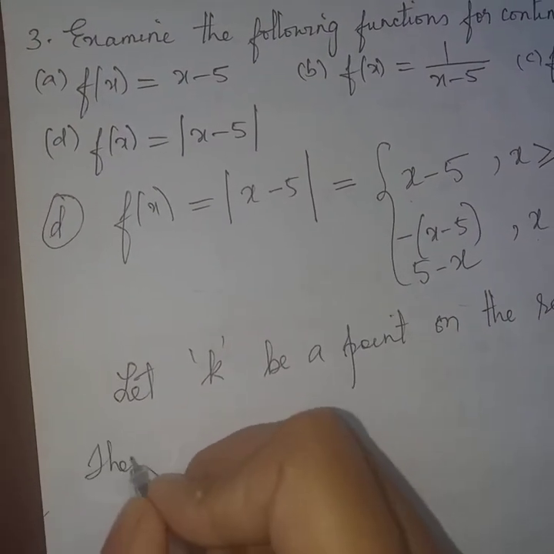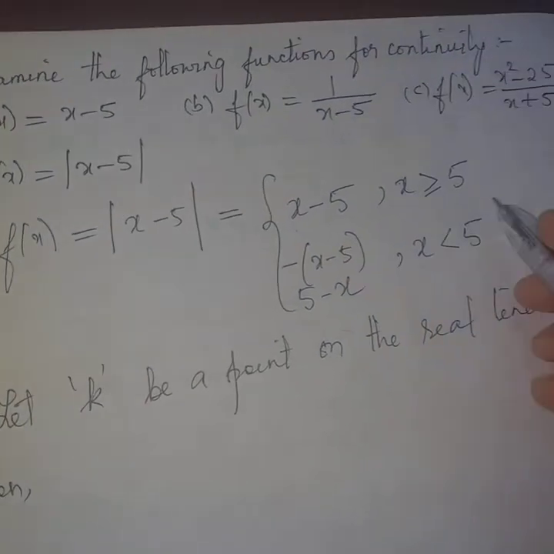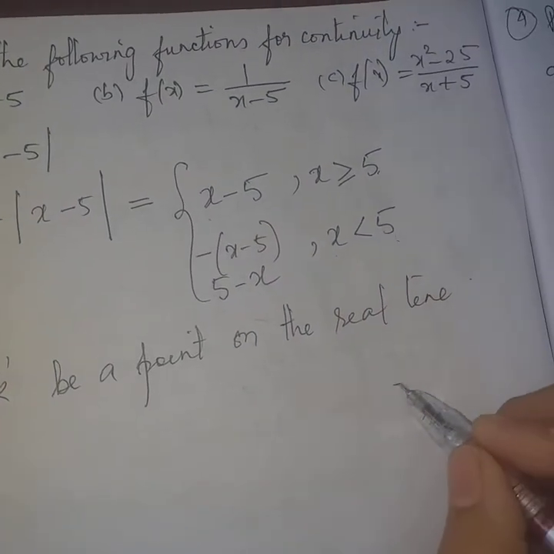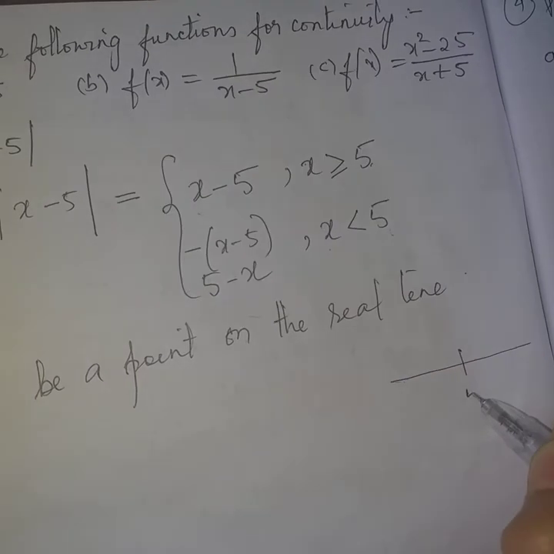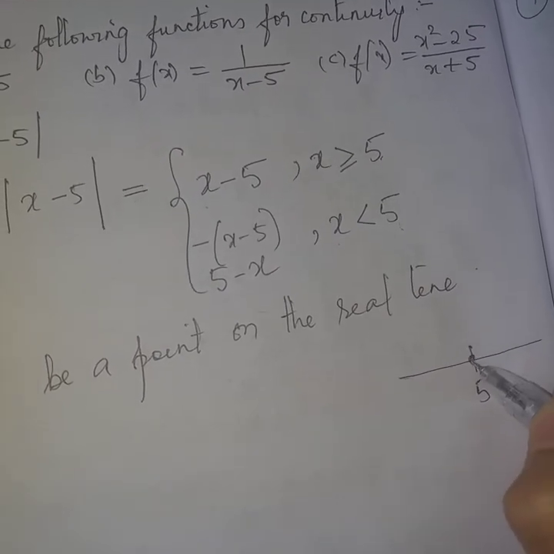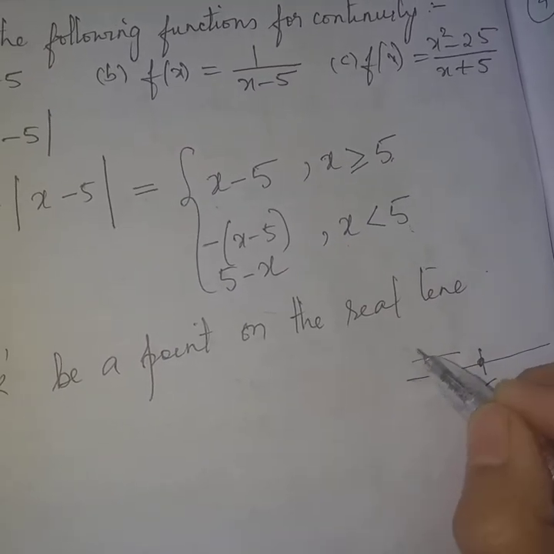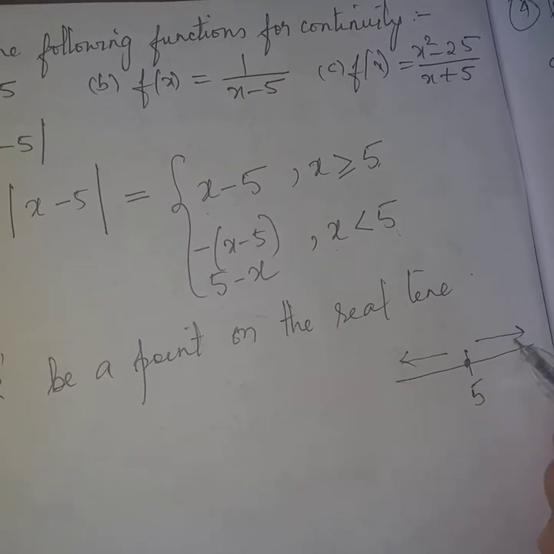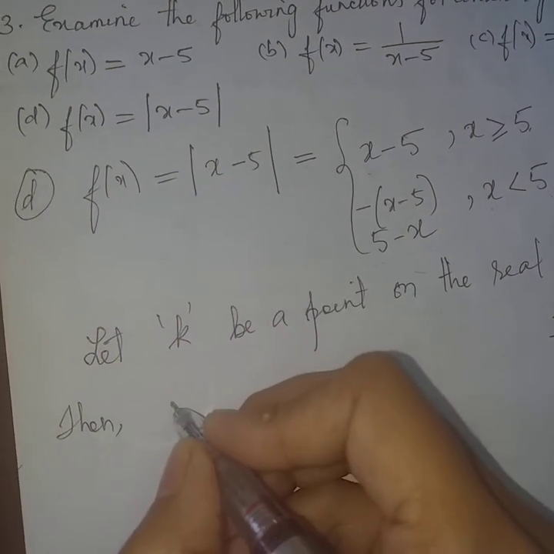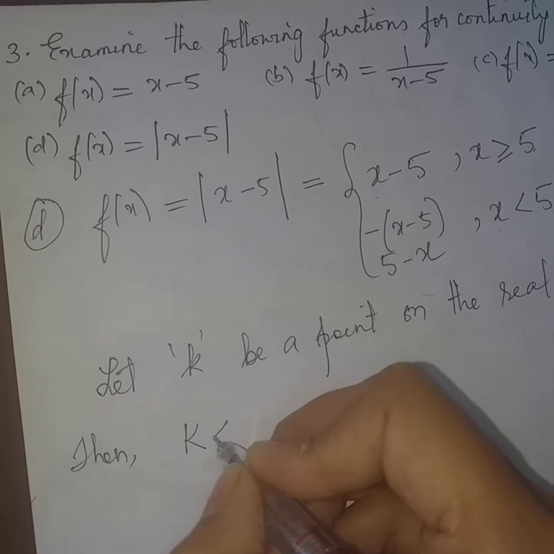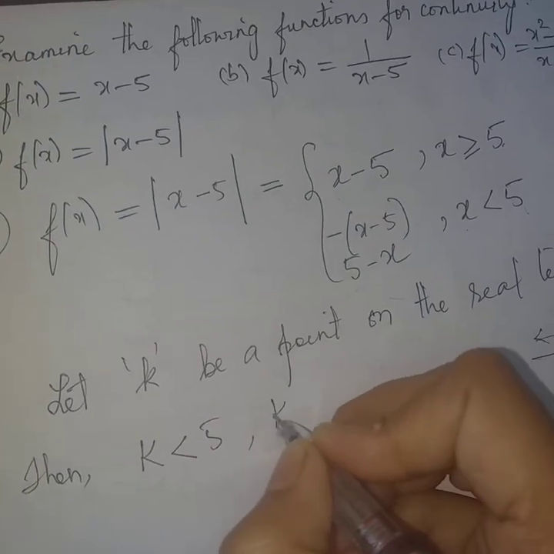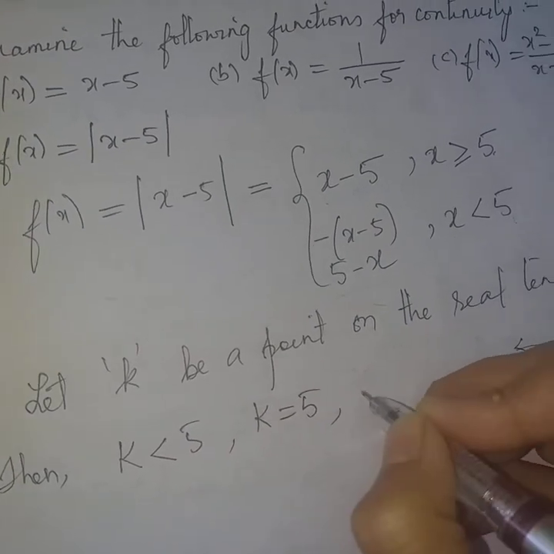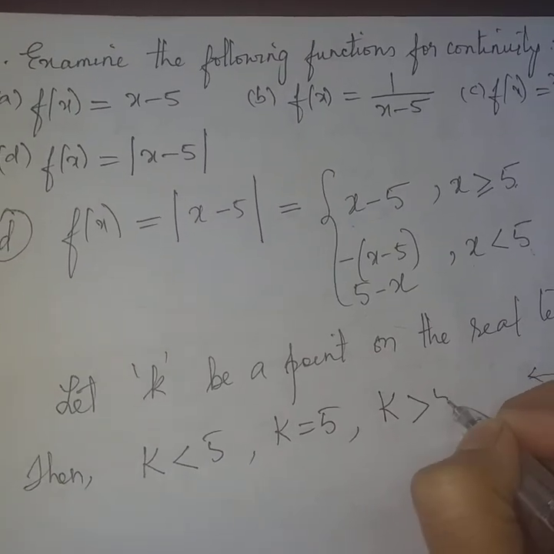Since the function is breaking at 5, k can be equal to 5, or k may be less than 5, or k may be greater than 5. So we can have three cases: when k is less than 5, when k equals 5, or when k is greater than 5.